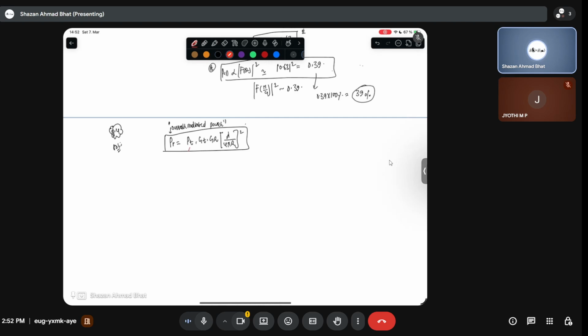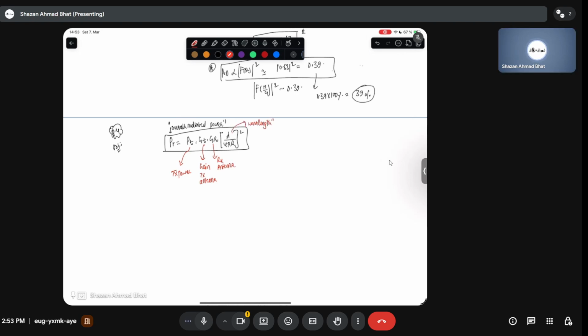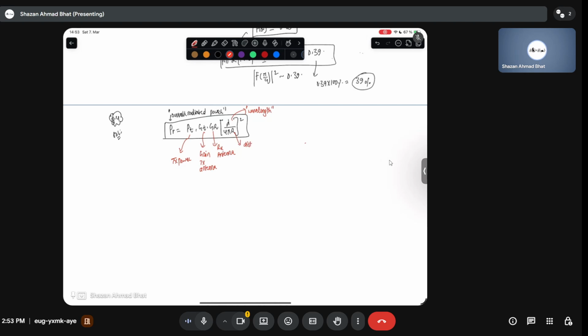So this is the transmitted power, this is the gain of the transmitting antenna, this is the receiving antenna gain, this is the wavelength of the electromagnetic wave we are talking about, and R is the distance between the two antennas.